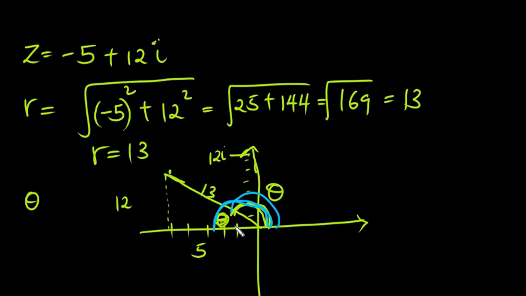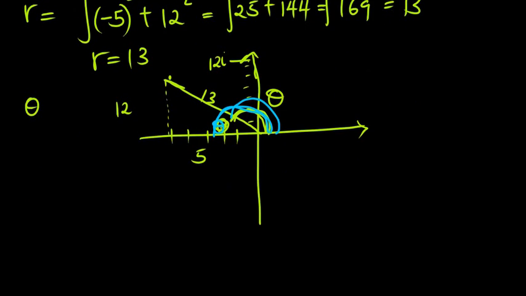We can use the trigonometric identities to find the value of this small angle here. This means that to find the value of the remaining angle, we'll subtract it from 180. So let's go ahead and use the trigonometric identities to find the value of theta.